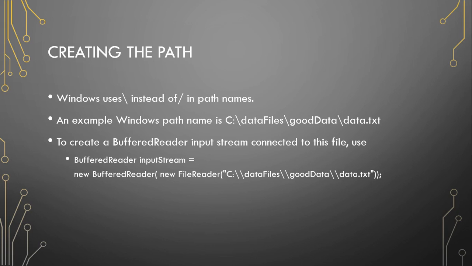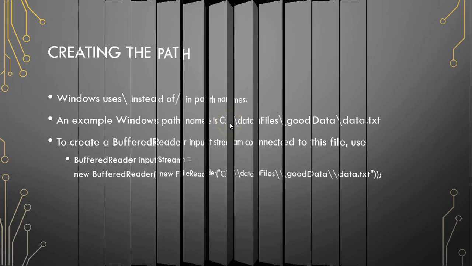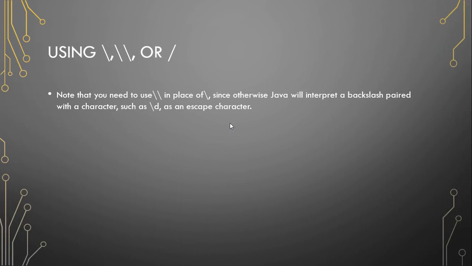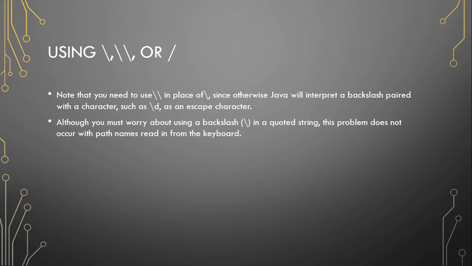And you'll notice that there's a doubling of the slashes here in comparison to the path name. That is because, remember, if Java sees a backslash paired next to a character such as \d, it registers that as an escape character. Java's going to look at it and say, well, what do you want to do with this? So instead, we have to use the double backslash.